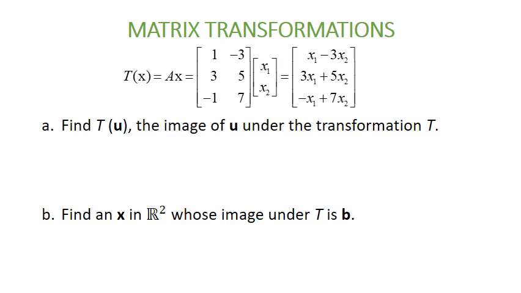Here are 2 of the questions that we're going to answer. Part A says find T of u, the image of u under transformation T. T of u is found by taking A times u.